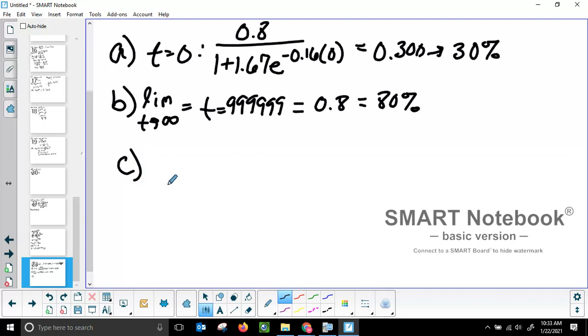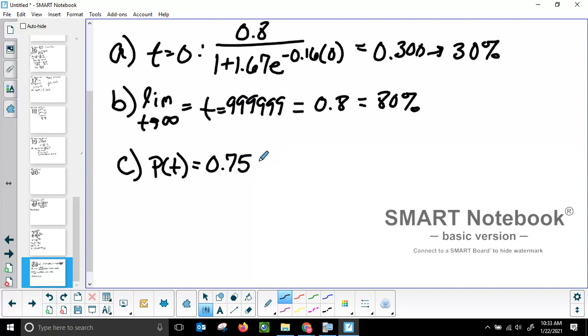All right, C. When will 75% of new computers sold utilize Windows 2000? Well, we know that now P of t has to equal 75%, which is 0.75.